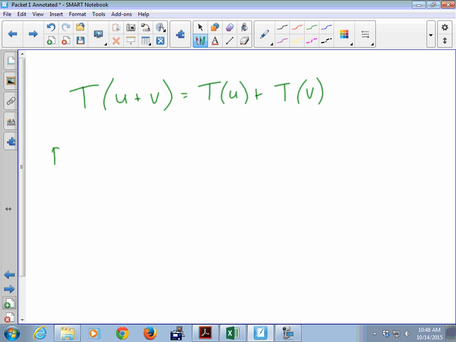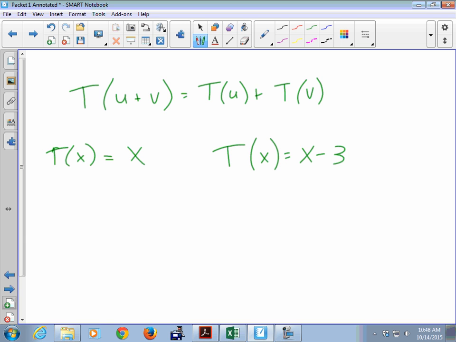All right, let T of x be the function x. That's a linear transformation, because it preserves the addition thing. But a translation would be T of x equals x minus 3. That's going to shift everything 3 to the right.